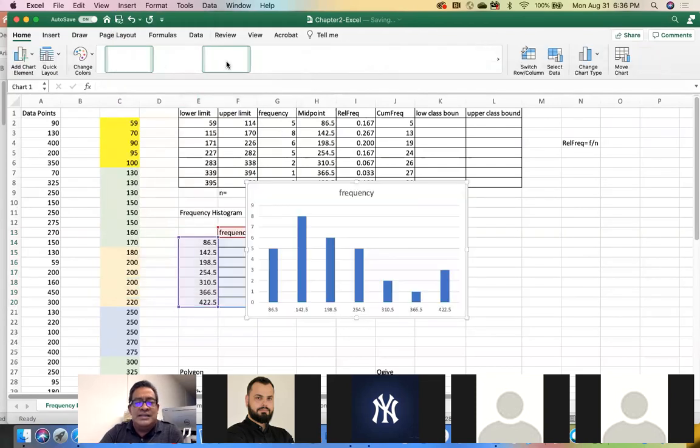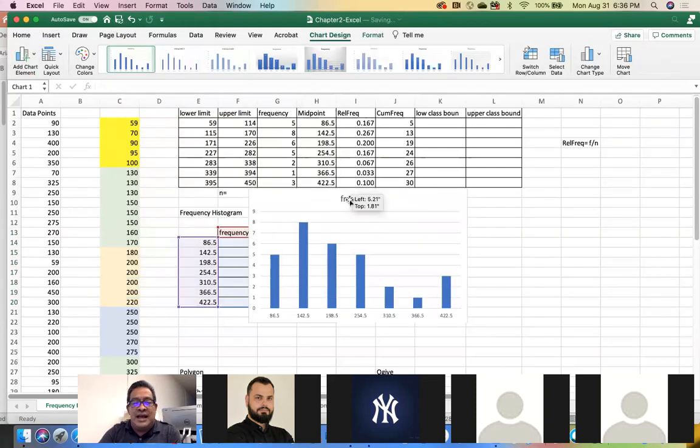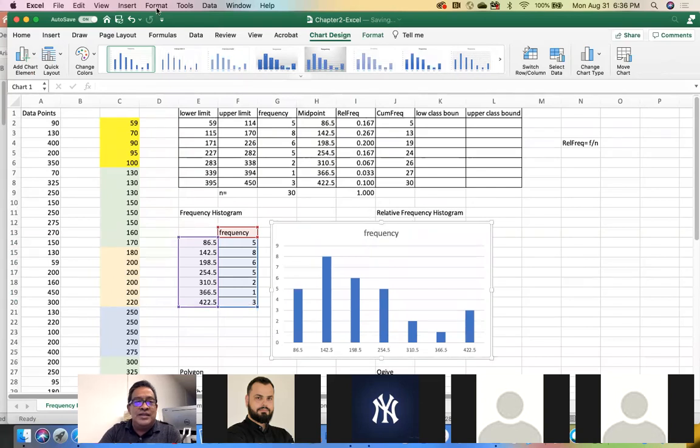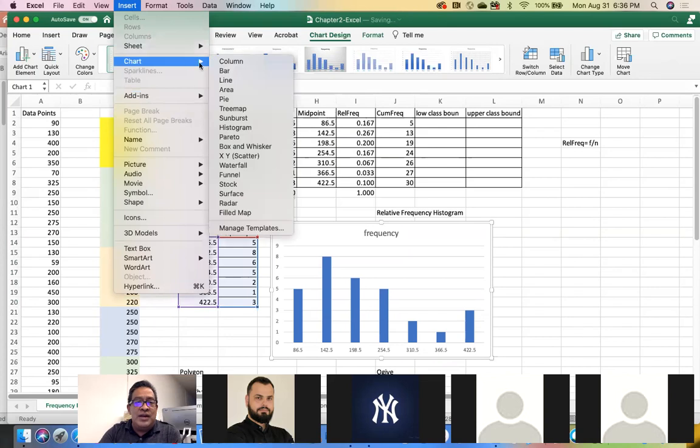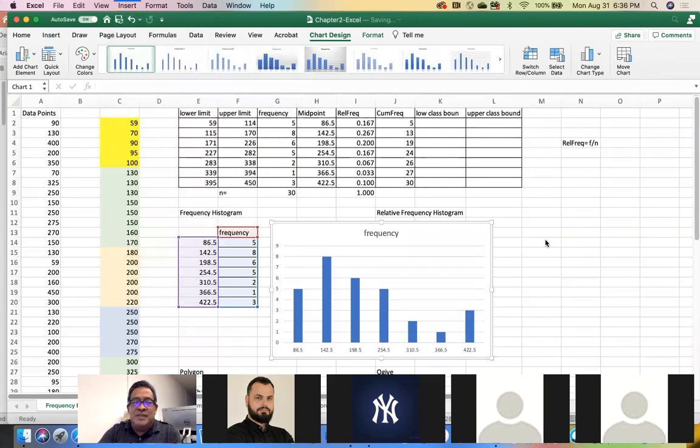So this is basically not a histogram. Here in insert, I think we have a way to create histograms, but this histogram is not what we want. We want a histogram which is made out of bars, and continuous bars. So we are going to make a little trick here.